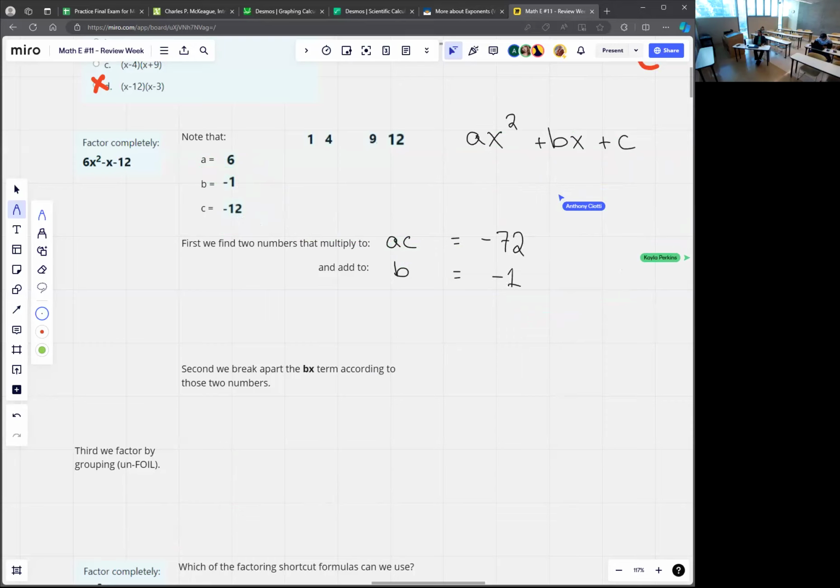So two things that multiply to 72-ish, one is positive, one is negative, and their adjacent number is only one apart.